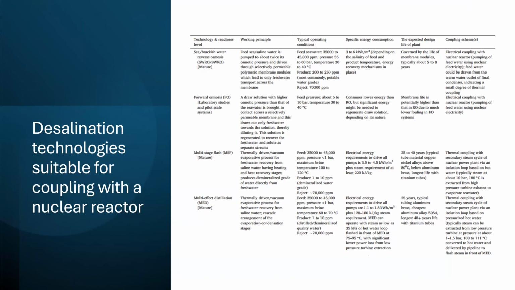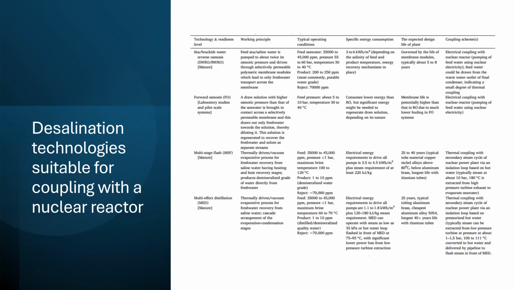So here is an example of these technologies coupled with a nuclear technology. In the first case, reverse osmosis is electrically coupled with a nuclear reactor, where the pumping of feed water uses nuclear electricity, and feed water can be drawn from the warm water outlet of the final condenser, indicating a small degree of thermal coupling.